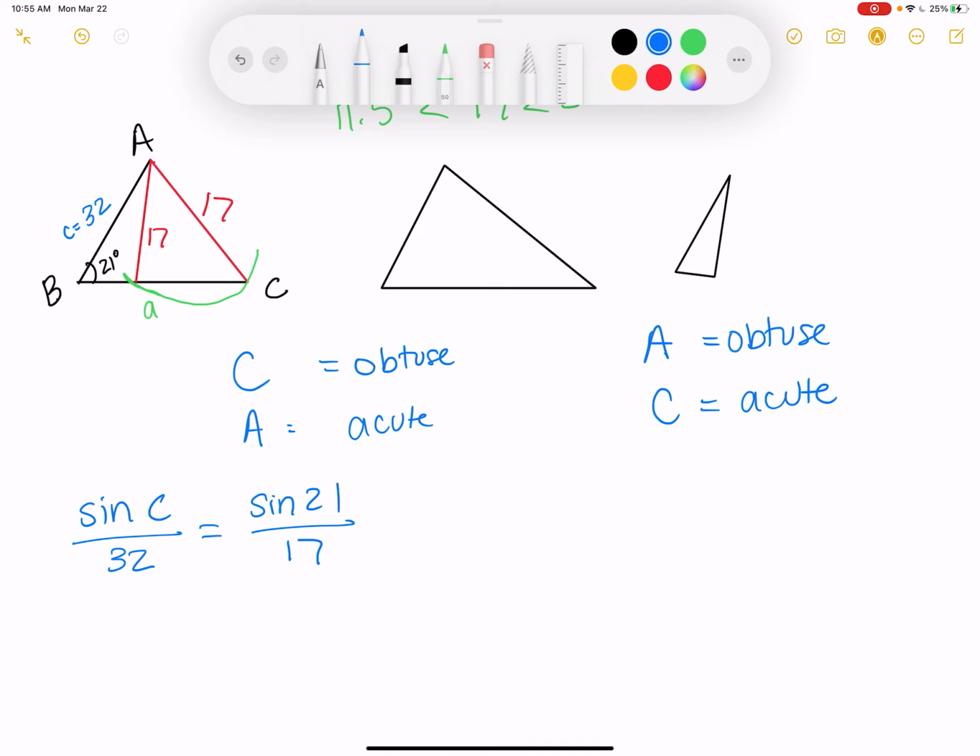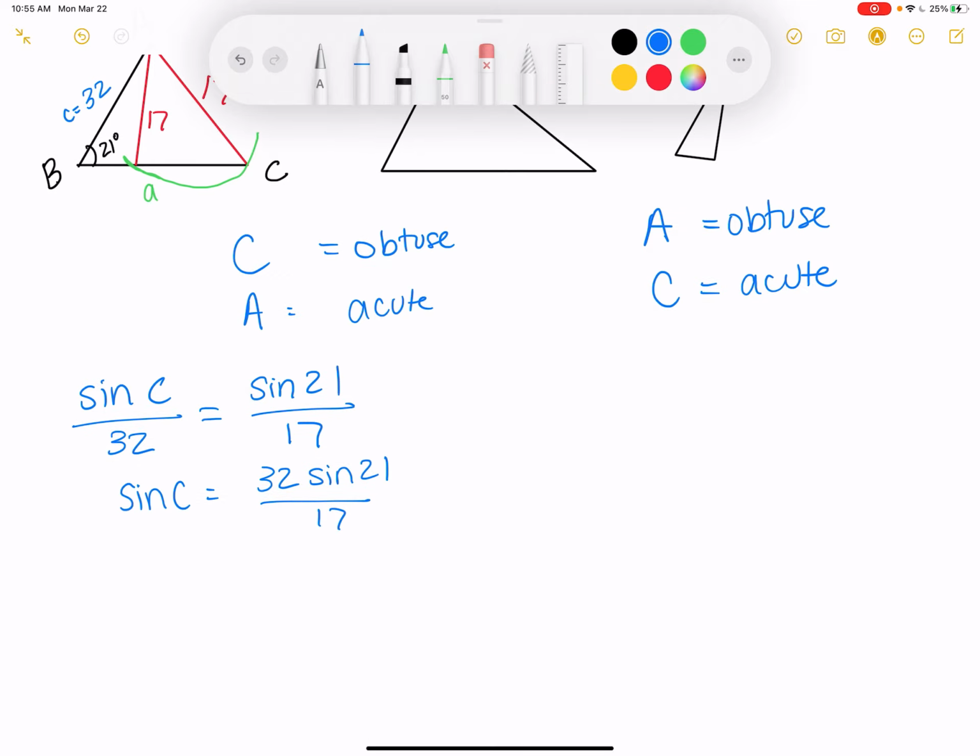Sine of C is equal to 32 sine of 21 over 17. I need to take the inverse to get C by itself. So C is equal to the inverse sine of 32 sine of 21 over 17. Somebody can tell me what that is equal to.